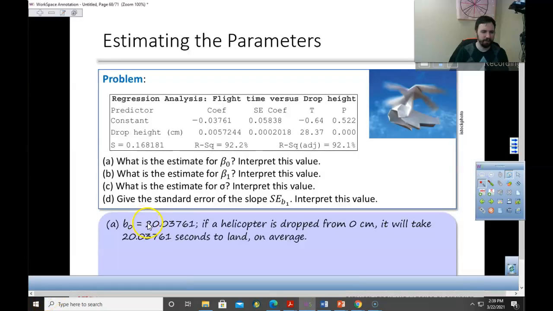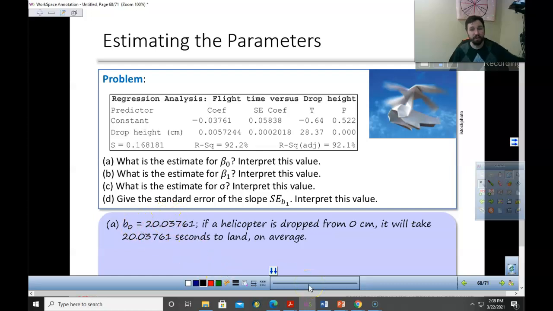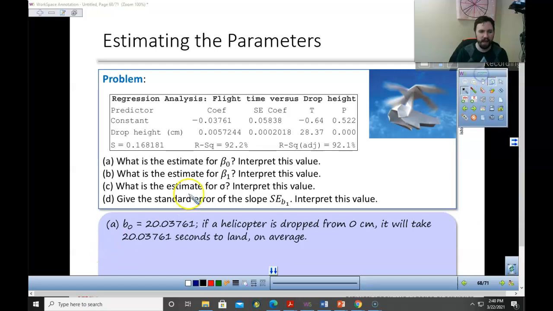This should be a negative right here. That's an eraser. Alright, that's negative 0.03761. So if you drop it from 0 centimeters, our prediction is negative 0.03761 seconds to land on average. There it is. So that's negative 2, not 2. Okay? Negative, not 2.